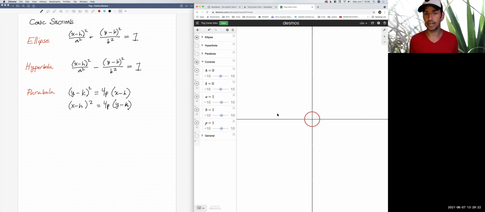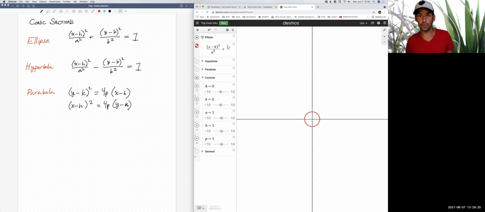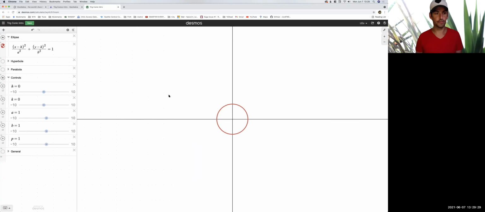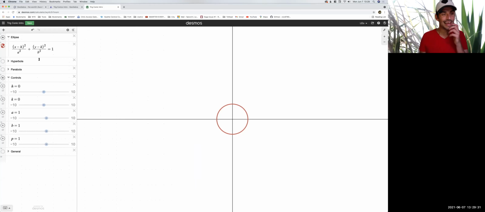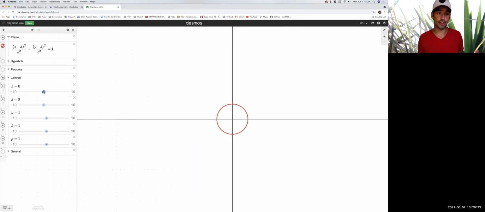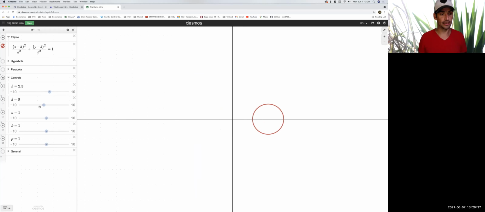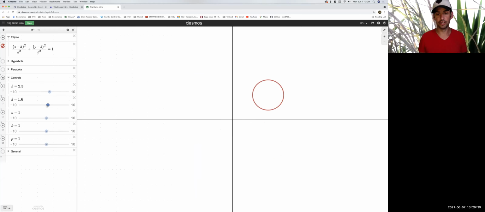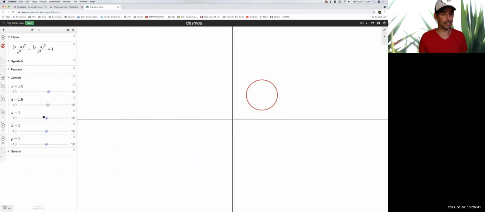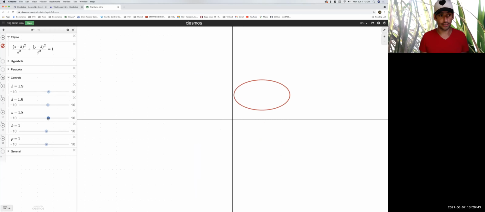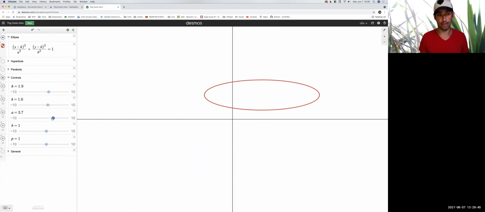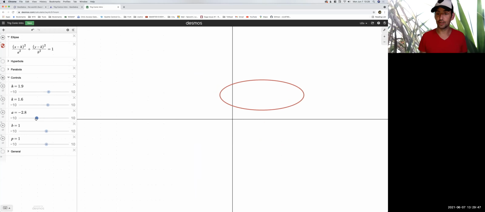We've got right now a circle. So what we're looking at is that equation. I've got it typed in here. Let's go full screen. And so if I change the values of these constants, right? For instance, if I change h and k, I can move it around. If I change a, for instance, that's the constant under the x term, I'm making it wider.